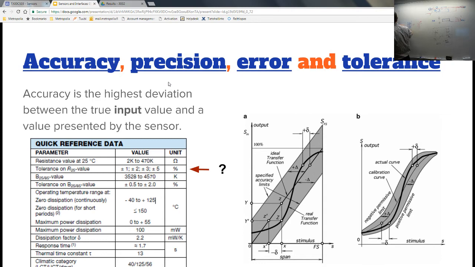So if this is the nominal value of, for example, a 20K thermistor, and if you have, for example, 2% accuracy, it means that six sigma number of the values will fall into plus minus 2% range. So most of them actually are on that one, but this is a statistical measure.